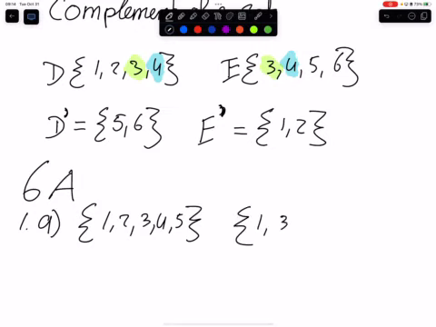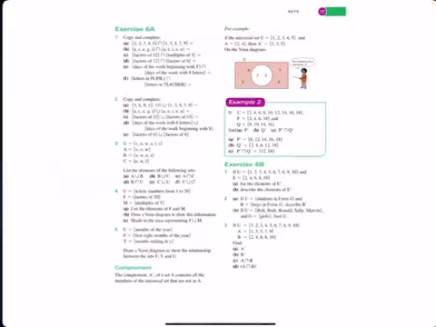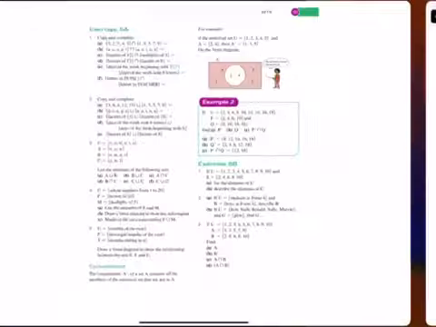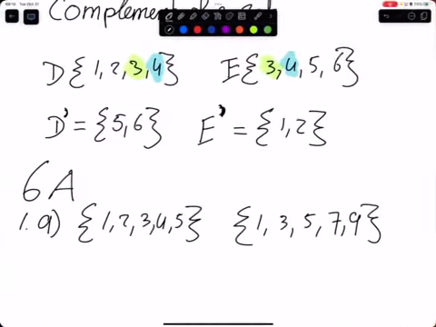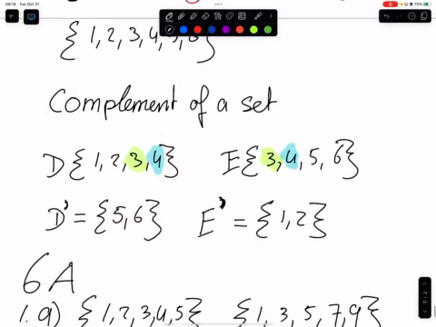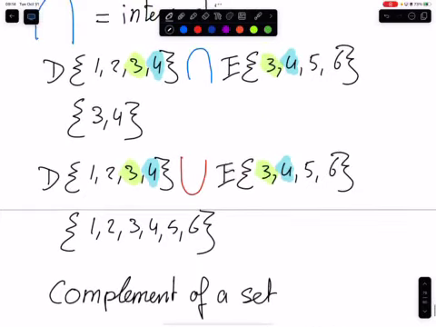Is it 1, 3, 5, 7, 9, if I'm not mistaken? Yes. And they ask for the intersection, which I gave the color blue.